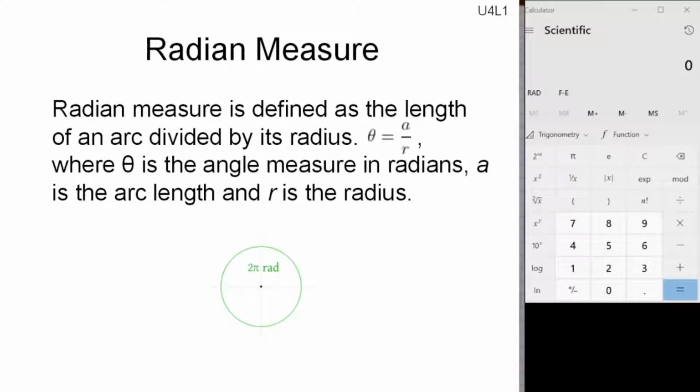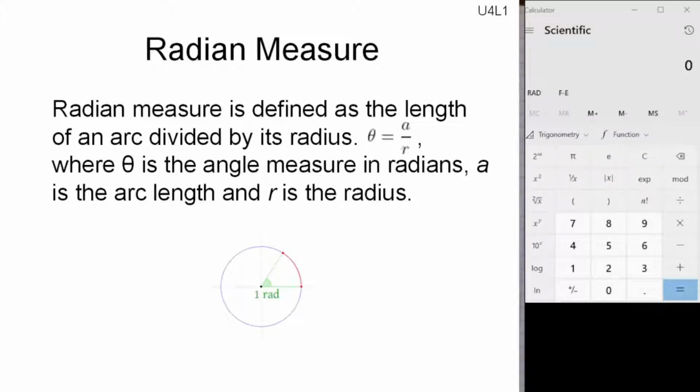But first, we need to talk about radian measure and how it's defined using the length of an arc of a circle. If you imagine a circle and an arc on that circle, an arc length is really the distance between 2 points on a section of the circle.